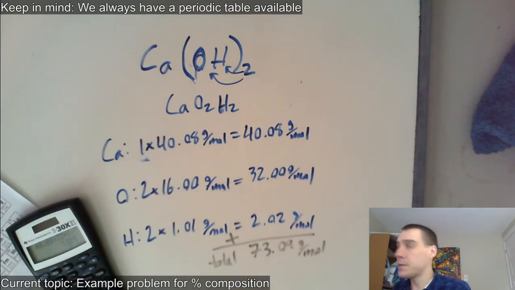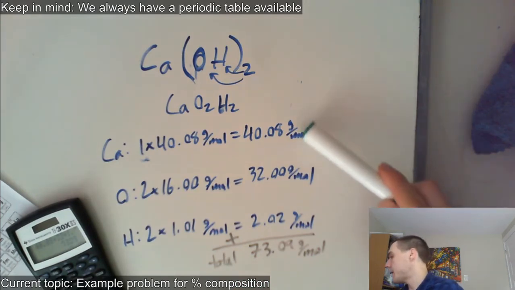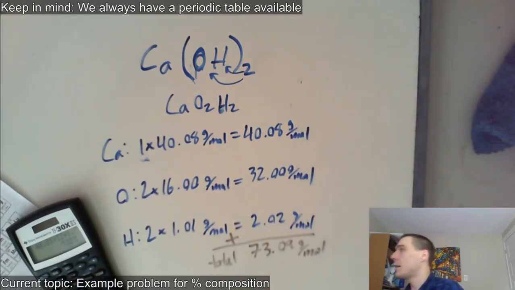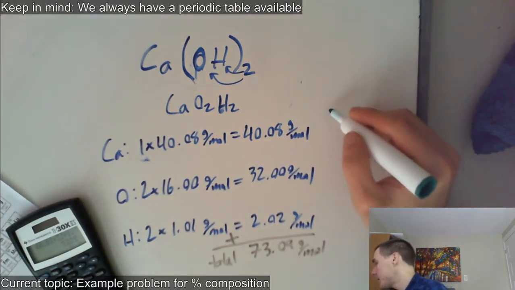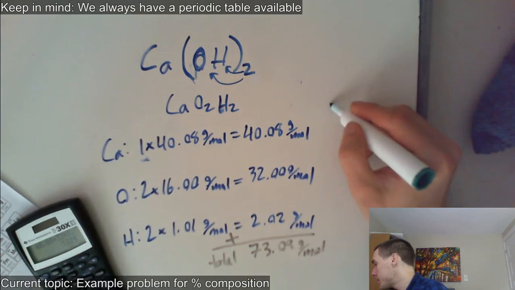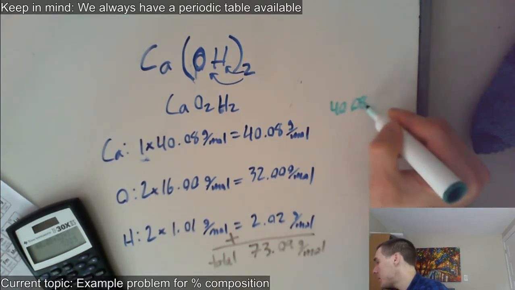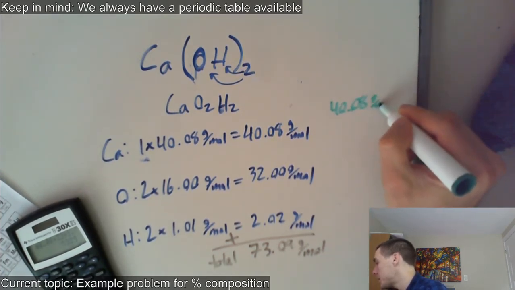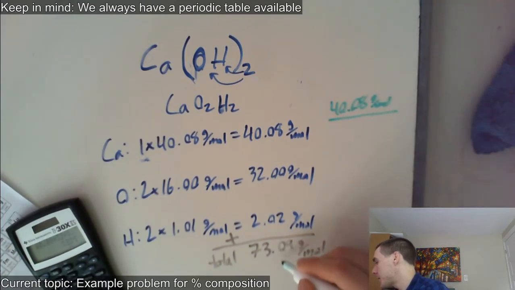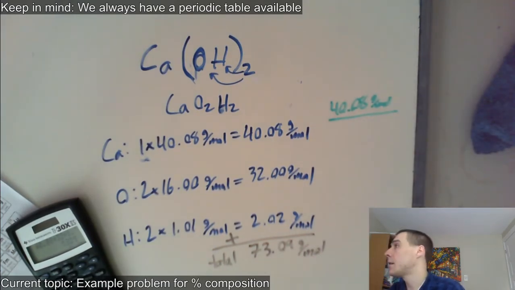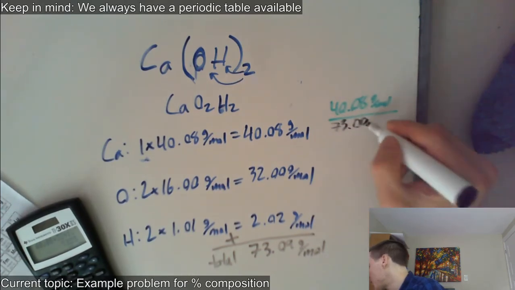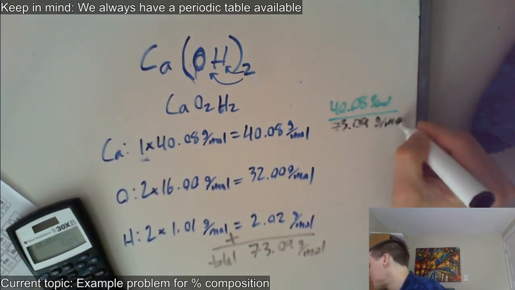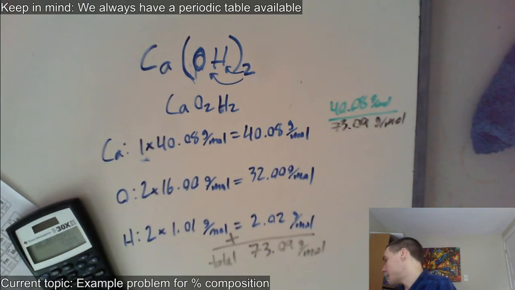And now to get the percentages, I'm just going to divide each element in turn by that total. So the percent of calcium is going to be 40.08 grams per mole divided by my total, 73.09 grams per mole. And that's my percent calcium.